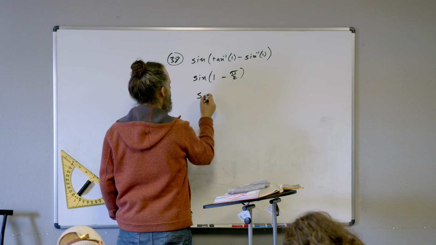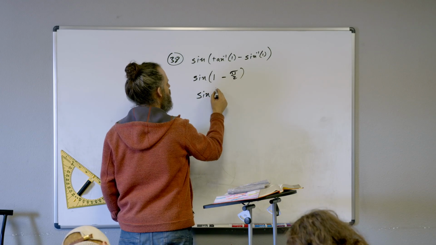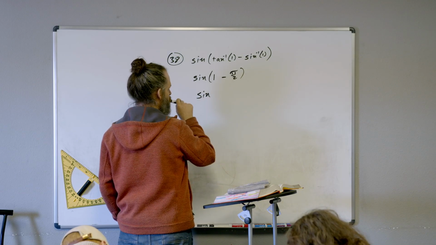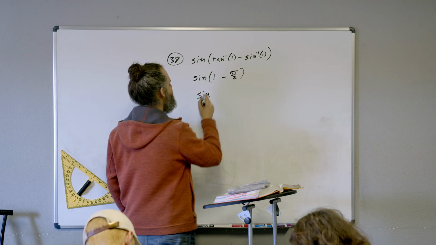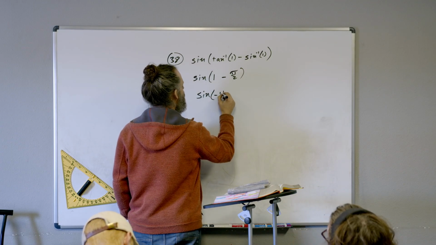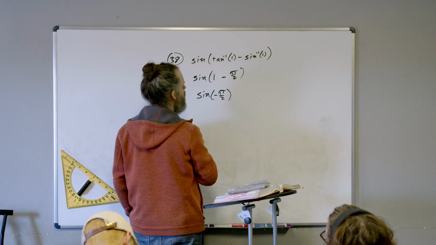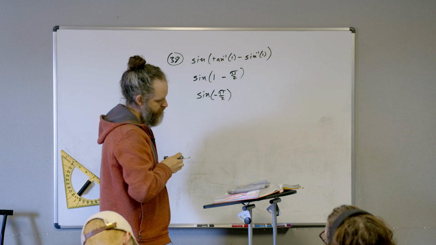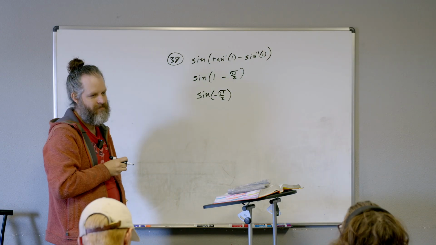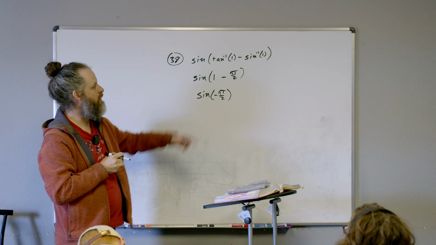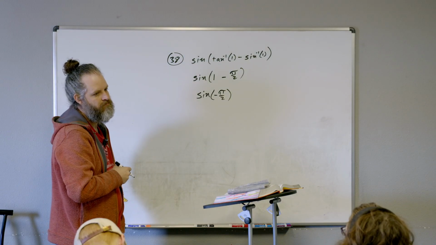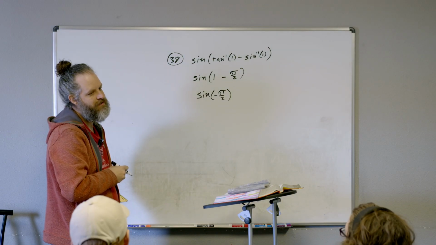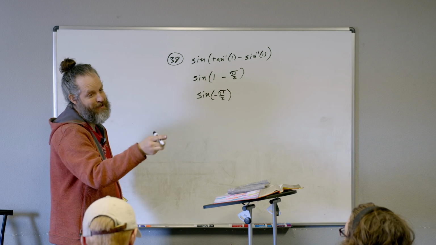So the sine of negative pi over 2. 1 minus pi over 2 is negative pi over 2, right? No, 0 is. How about what's positive pi over 2? That makes more sense, doesn't it?